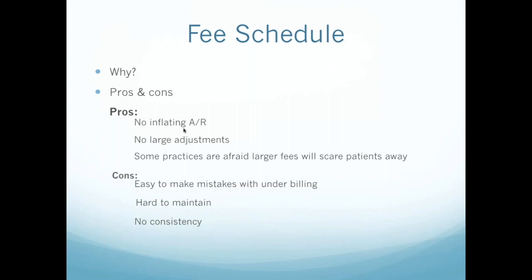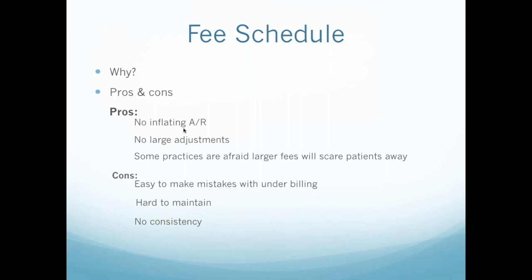And there are a lot of people who don't update their fees, and they wind up losing a lot of money because they thought the software does it automatically, or they thought the software company is doing it for them, or the office manager, or the doctor, or whoever. They think, okay, if this is the price in the system, then this is the price, which is bad. If you're going to use a fee schedule, it's hard to maintain because there's no consistency.